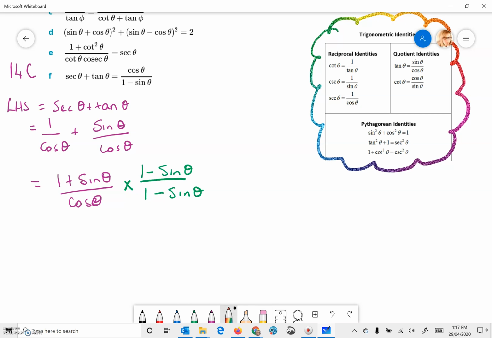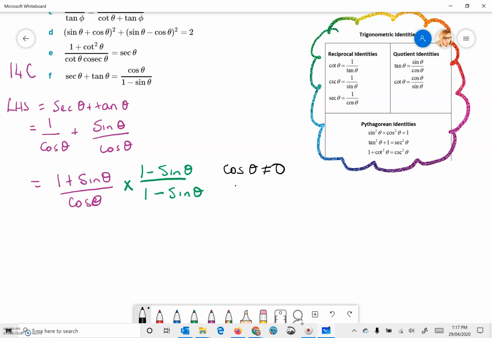Of course, we know from this side that we've got some limitations here. Cos theta can't equal 0 because that's our denominator.